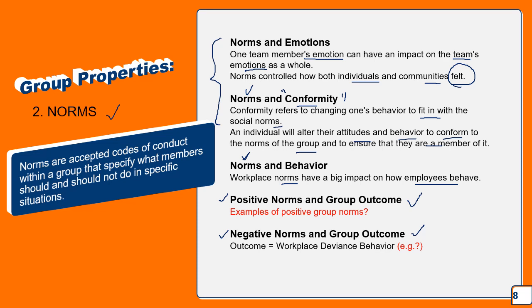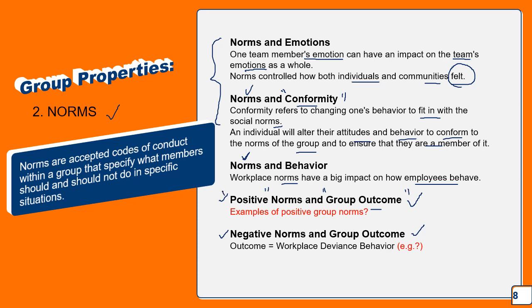Those are called positive norms, and definitely they will have a positive outcome for the group and the organization as a whole. So in the end, the group can perform very well. The relationship among group members will be very good. Those are called the positive group outcome that comes from positive norms.